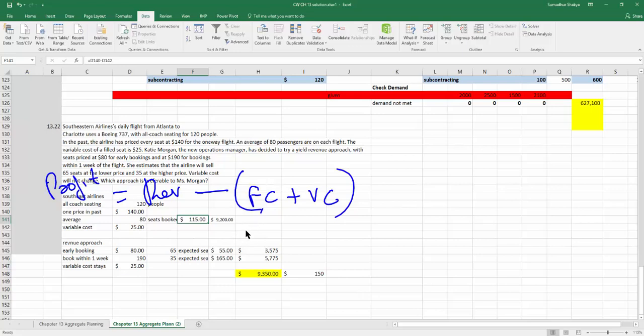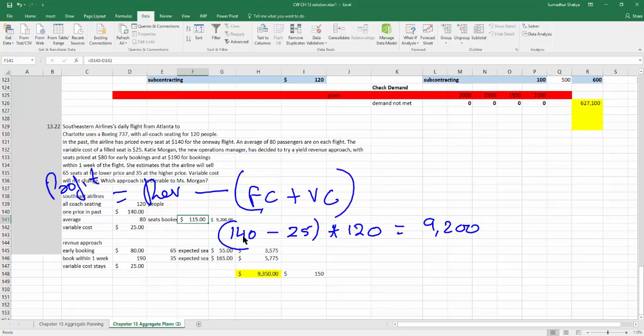We are not given any fixed cost, but we are given revenue. Revenue is $140 per seat, and there's a cost of $25 per seat. So either I subtract it right away and then multiply that by 120 people. That should give me 9,200. However you want to do it, it's a very simple calculation.